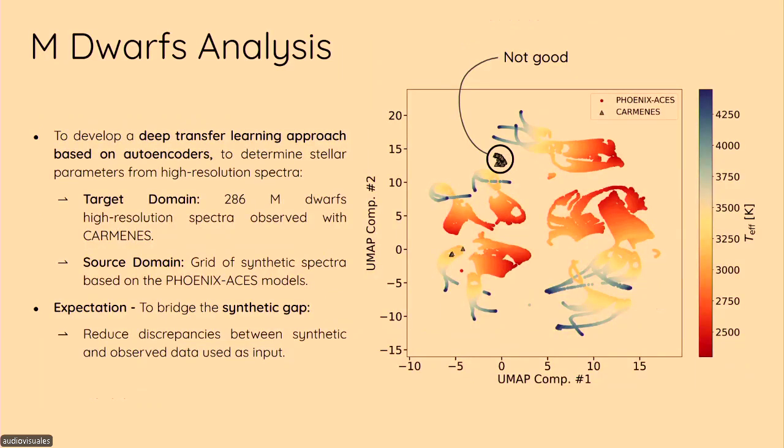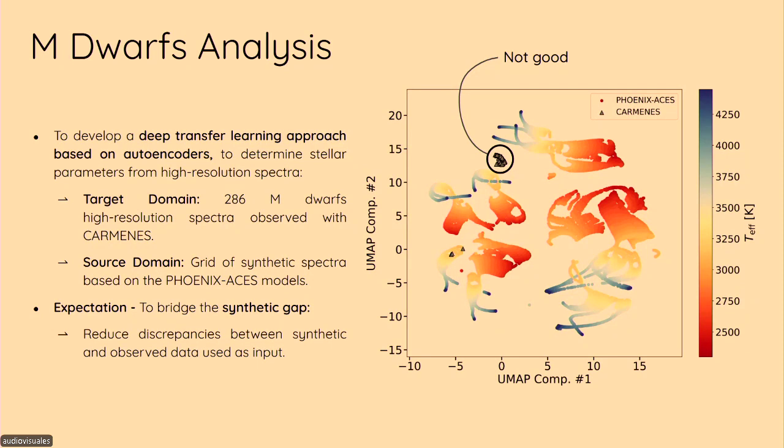And then after these two works comes ours, and this is the big picture of our work with M dwarfs in CARMENES. So the main idea of our work is to develop a deep transfer learning approach based on autoencoder neural networks, that I will now introduce, to determine stellar parameters from high-resolution spectra.